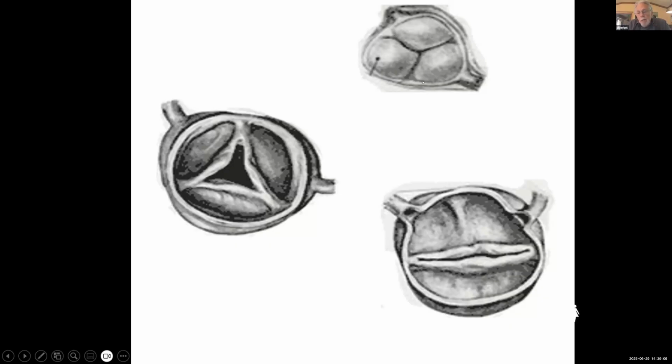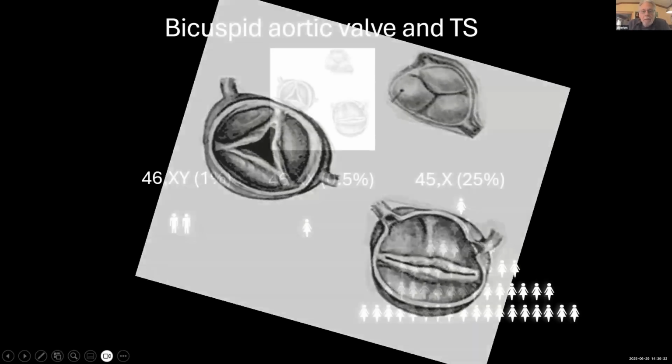But what would happen, and this probably happens to everybody who has this type of configuration, is they'll put a symmetrical valve into a situation where there are asymmetrical sinuses. We hypothesized that the result would be very abnormal flow downstream of the valve, and may also lead to the early senescence of the valve itself. So we invented a new kind of valve that I want to tell you about.